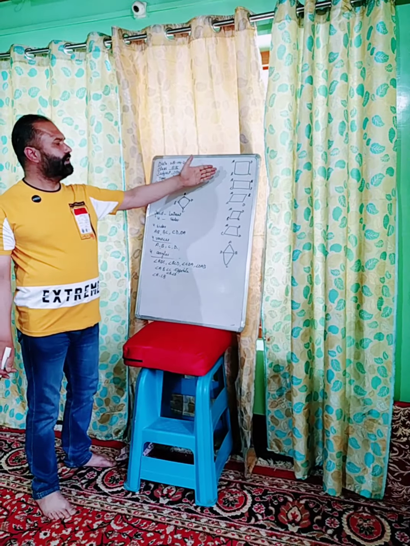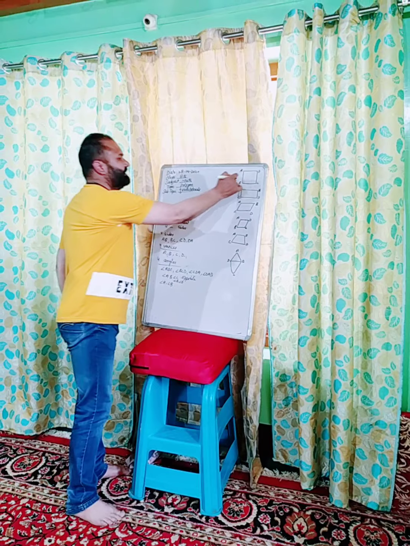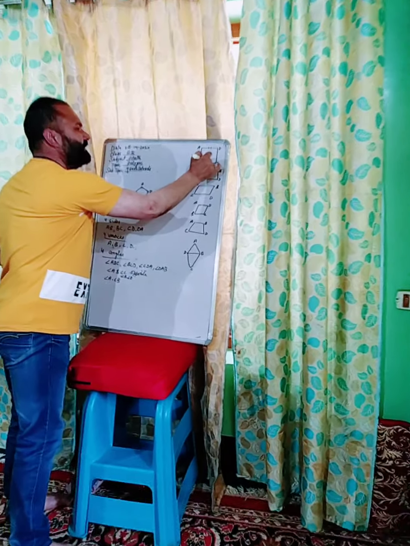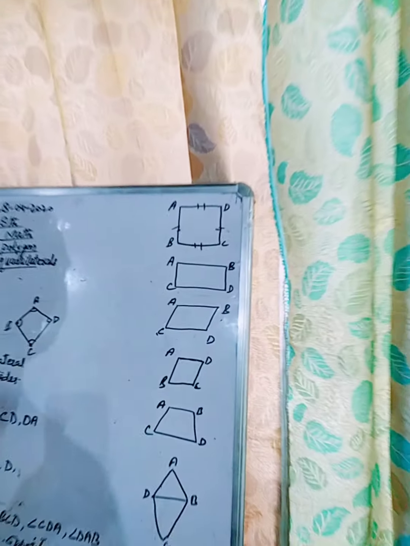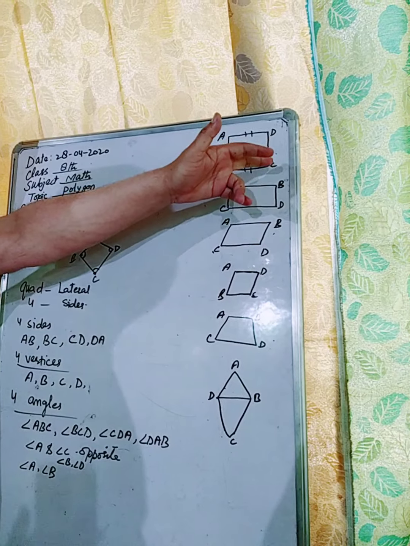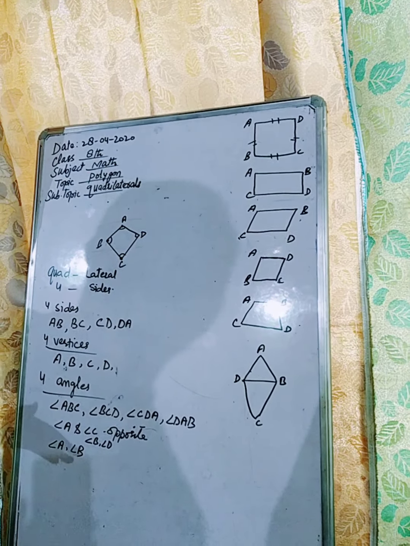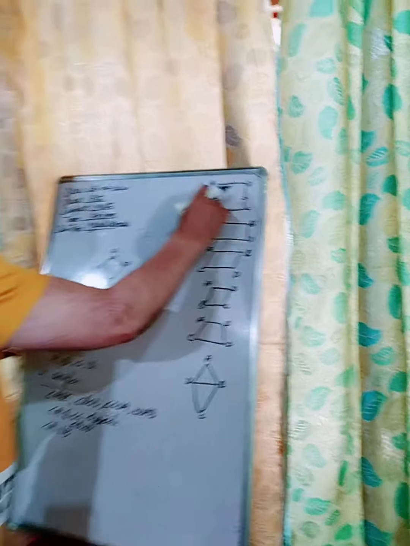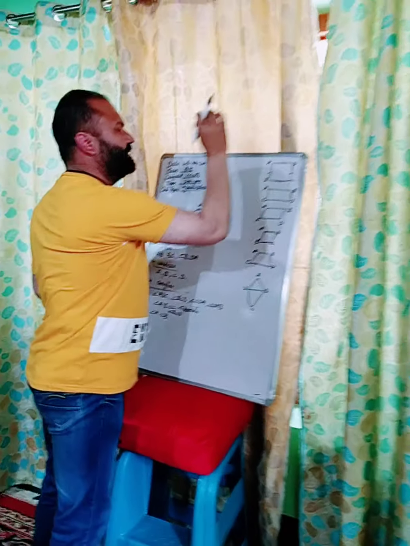These are called quadrilaterals. The first quadrilateral is a four-sided figure and its four sides are equal. AB is equal to BC, BC is equal to CD, CD is equal to DA. All sides are equal. And opposite sides are parallel.